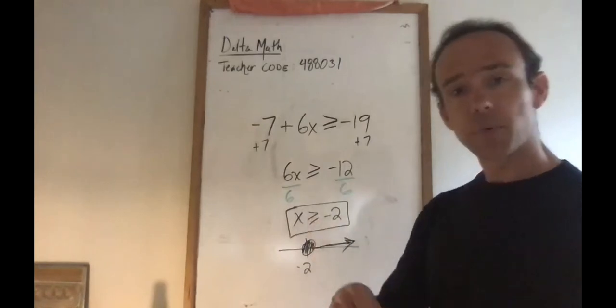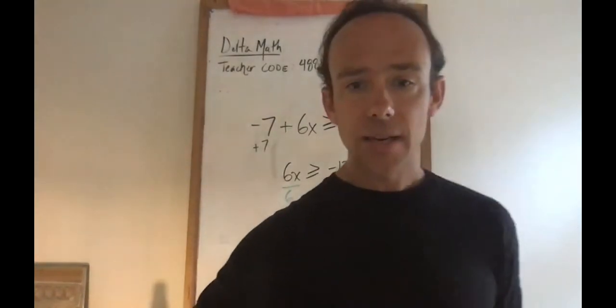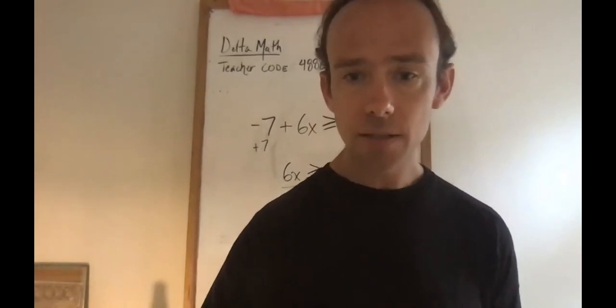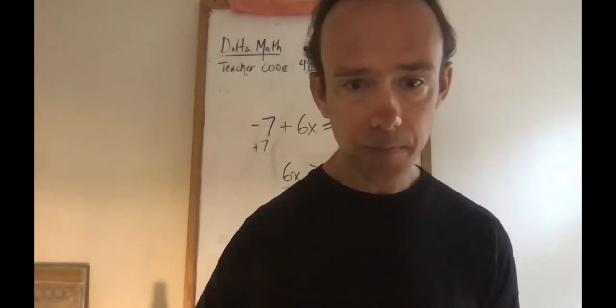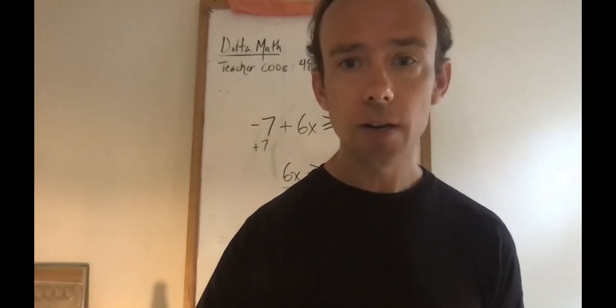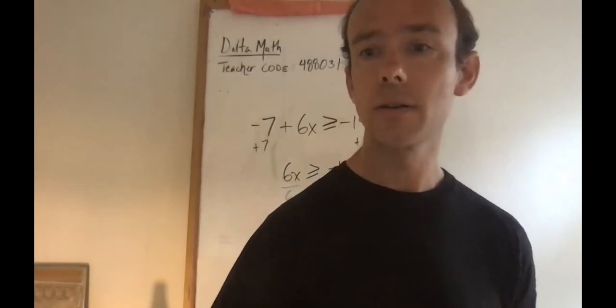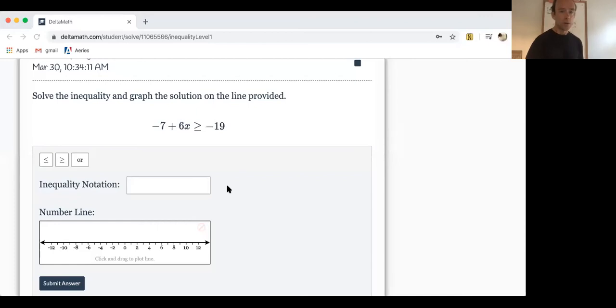Okay, so let's jump over to Delta Math and see how we tell Delta Math that this is the solution. Screen share. Let's go back to here. Okay, so it starts with the inequality. So I'm going to type x. I'm going to click greater than or equal to -2.